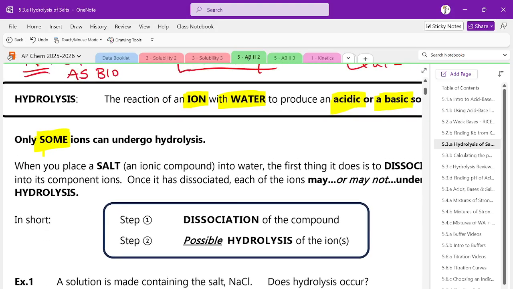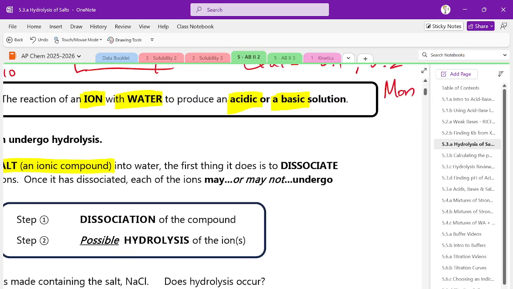Now, the thing that gets complicated about hydrolysis is that usually we don't just give you an ion, usually we give you a salt. What is a salt? It's an ionic compound. So you have to recognize that, oh, I've got a salt. What do salts do when we put them in water? As long as they're soluble, they dissociate.